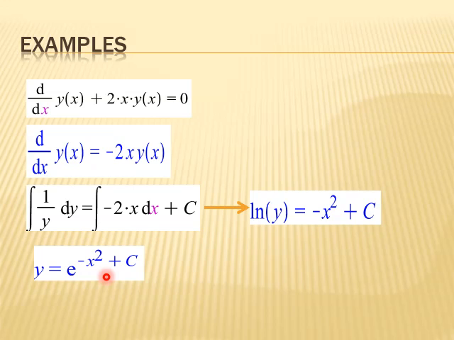Using the property of exponents, I can rewrite it this way, where e to the c is just another constant number. I have no idea what that constant is yet, so I'm going to write it as another constant called c1.